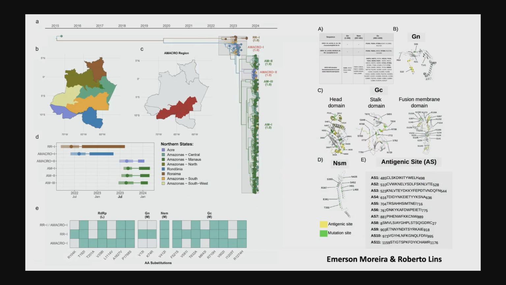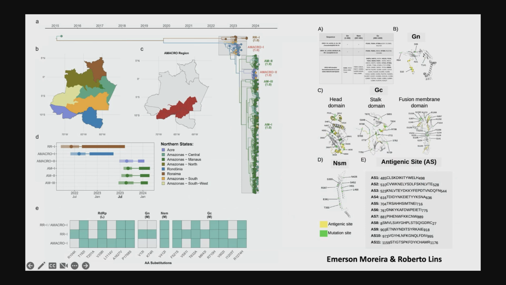In this picture, I may show you that we have different clades emerging from this new lineage. We call the main ones Macro, this region here that is on the border with different states in the Amazon region in Brazil, and another lineage that is circulating only in the Amazonas state.